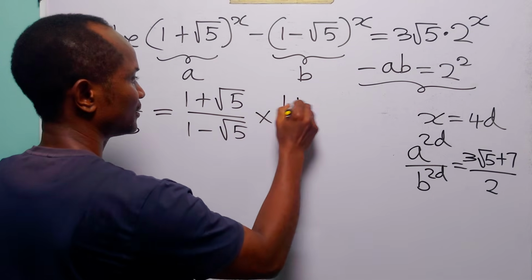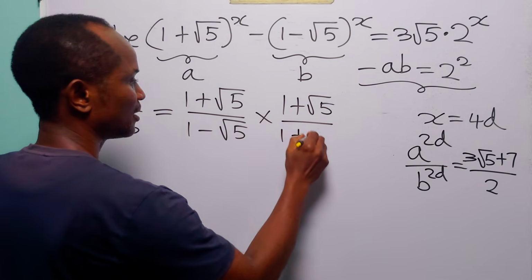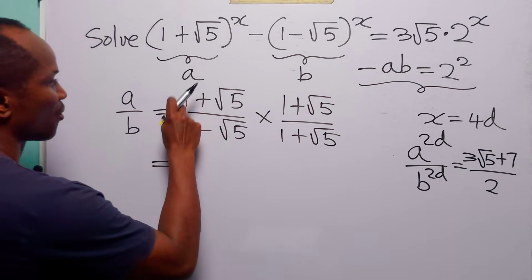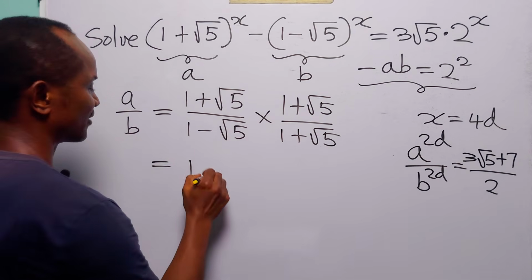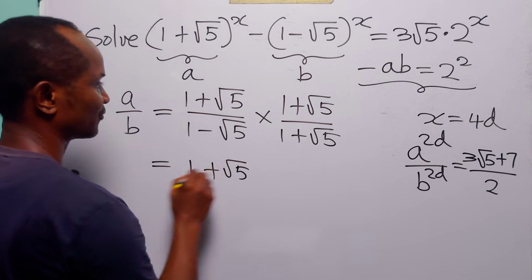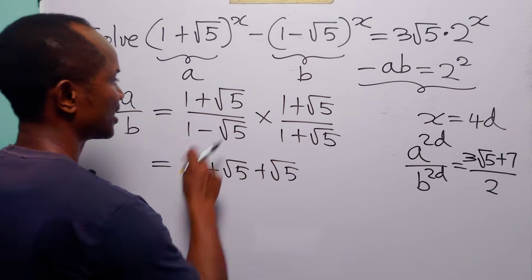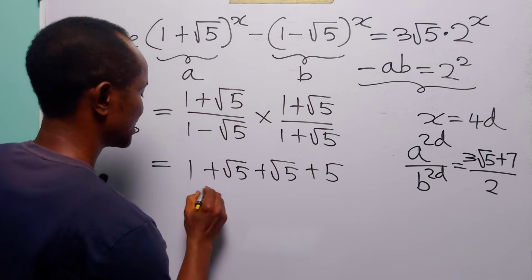So we have 1 plus root 5 divided by 1 plus root 5. 1 times 1 is 1. 1 times root 5 is root 5. Root 5 times 1 is root 5. And root 5 times root 5, of course, is 5.